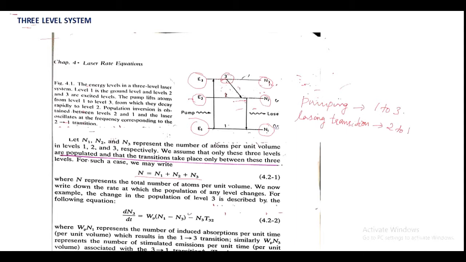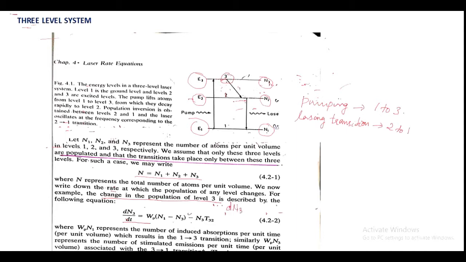levels 2 and 1. Here the change in population of level 3 is described as dN3/dt equals Wp (N1 minus N3) minus N3 T32.